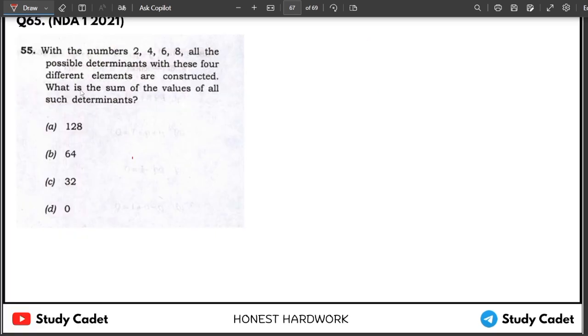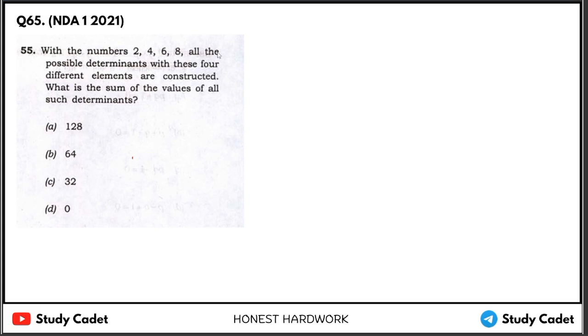Okay, this is our last question with the numbers. All the possible determinants with 4 different elements are constructed. What is the sum of the values of such determinants? If you use your logic, half of the determinants will be of some value and the other half will be the negative of the same value.